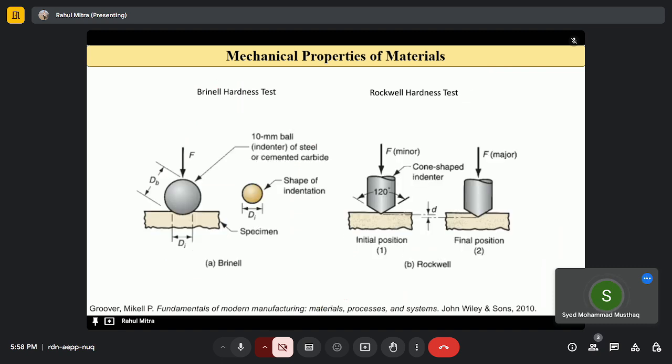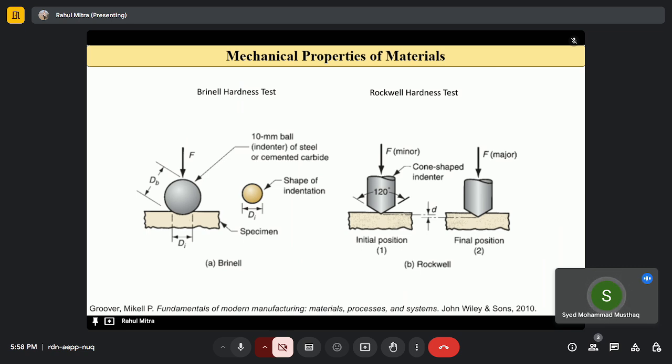The other testing is hardness testing. Moving on to hardness testing, we have different types. Hardness tests are commonly used for assessing material properties because they are quick and convenient.